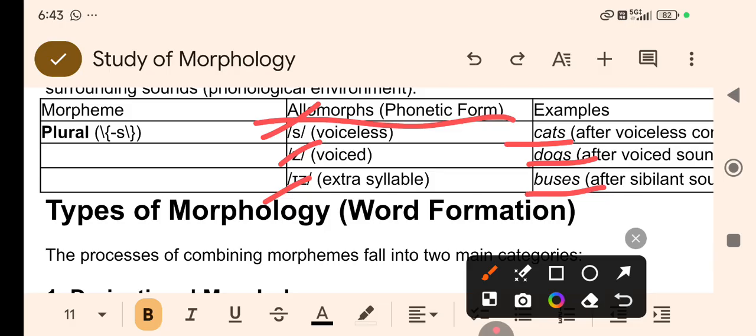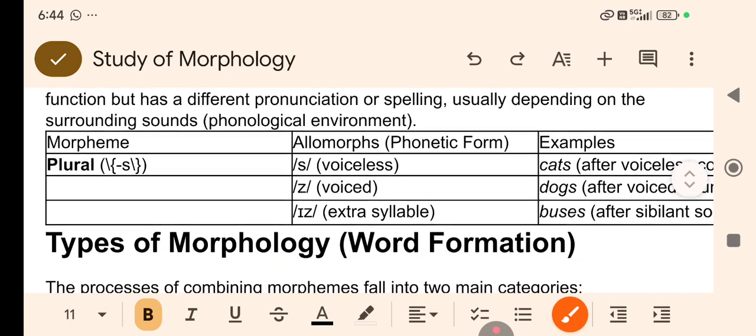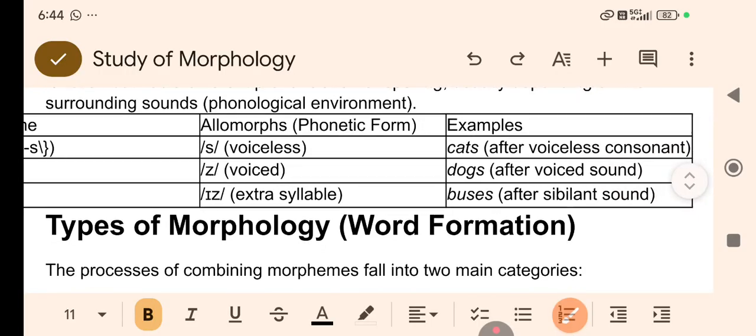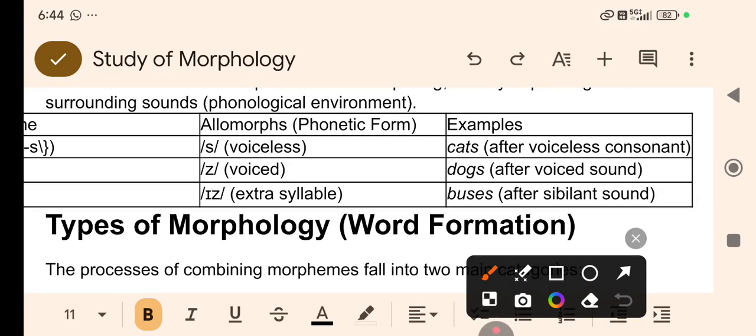But then because of the phonological environment, that sound changes, right? In cats, that's a voiceless s, so there is no vibration. In the case of cats, because t is voiceless, the morpheme becomes a voiceless allomorph.